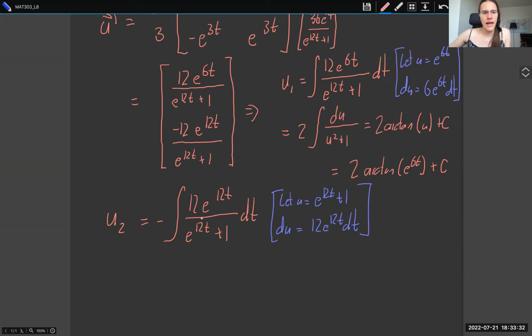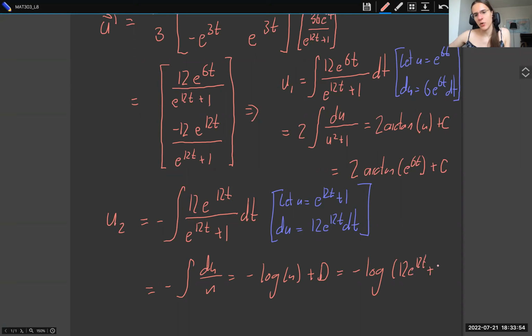And what that gives us is negative integral du over u, which is negative log u. We're not putting absolute value bars in this course, plus d, which is equal to negative log of e to the 12t plus 1 plus d.